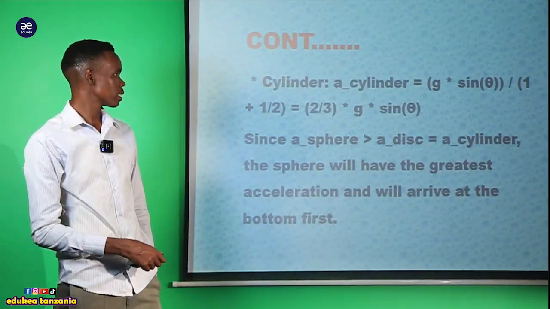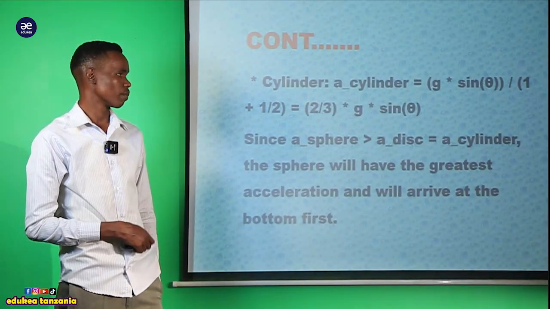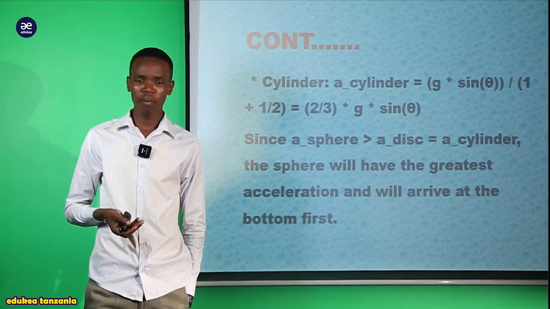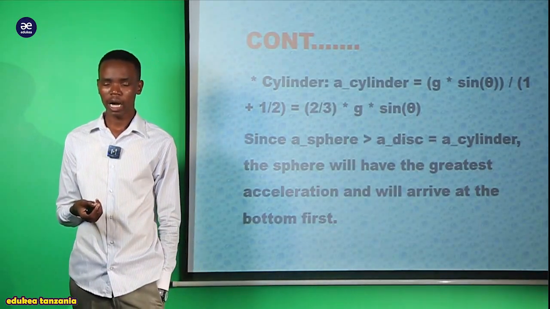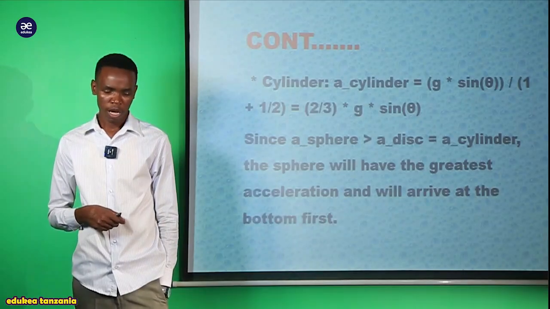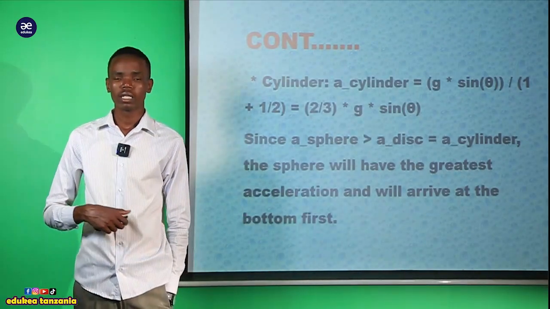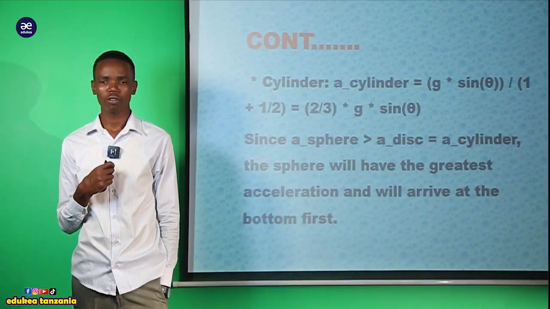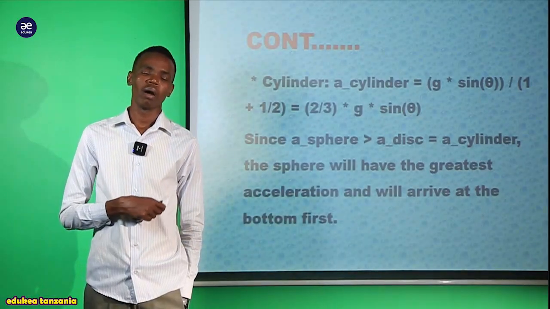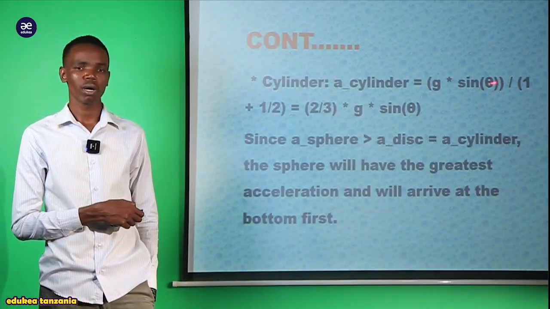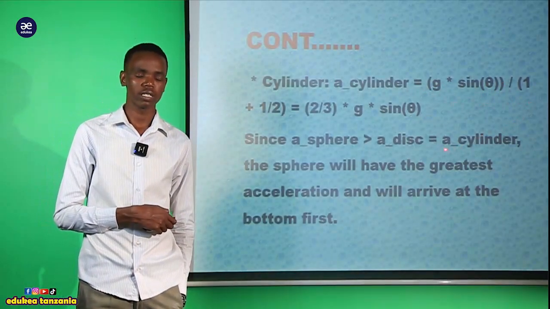Finally, let us see again for the cylinder. Let us go and look for the cylinder. The same formula, formula number 90, we can apply for the cylinder. Now let us state that the linear acceleration of the cylinder, my dear student, must be equal to g sine theta, then we divide it by 1 plus c, but the value of c is a half.